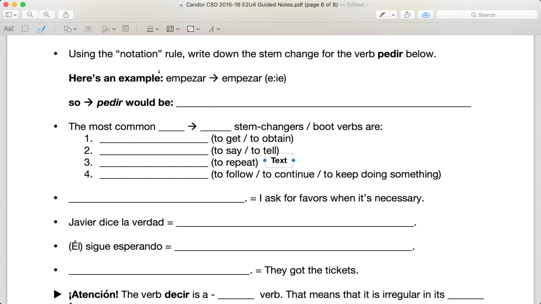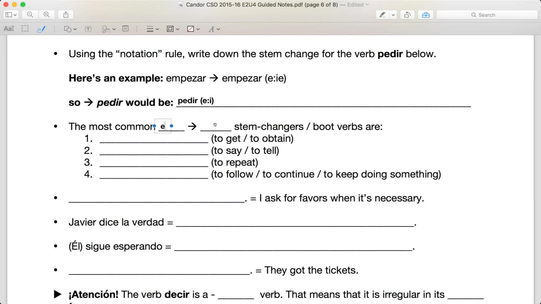So here's an example down here. Empezar means to start. Well, it's an E to IE stem changer, so next to empezar we're going to put parentheses, E:IE, then close the parentheses. So pedir, which means to order, would be pedir, parentheses, E changes to I. So we're going to do E:I.